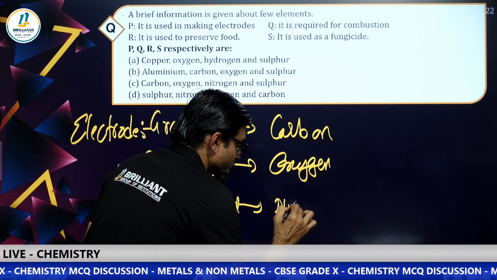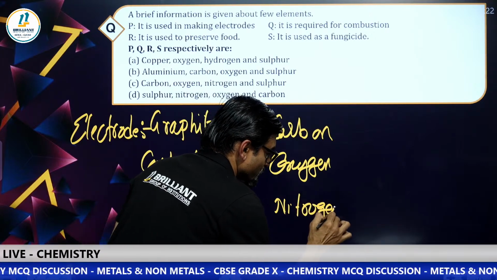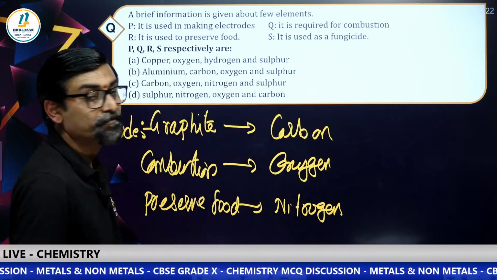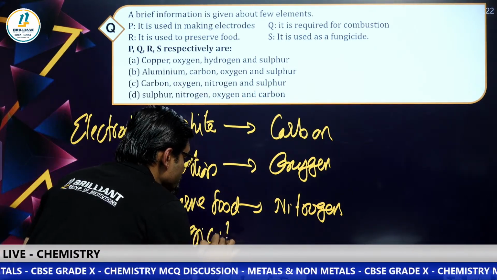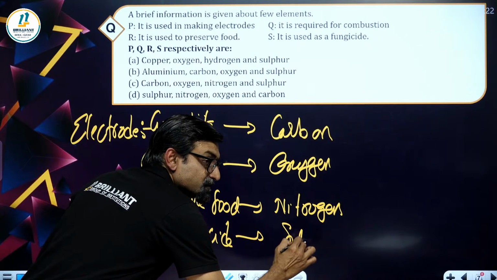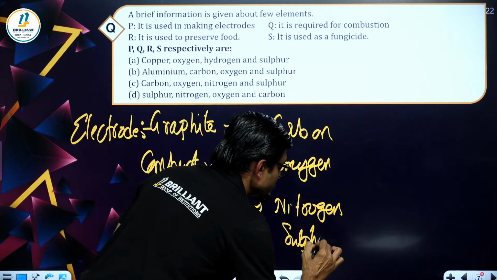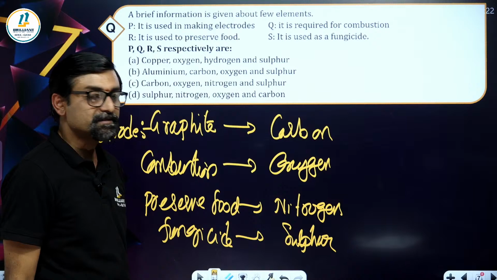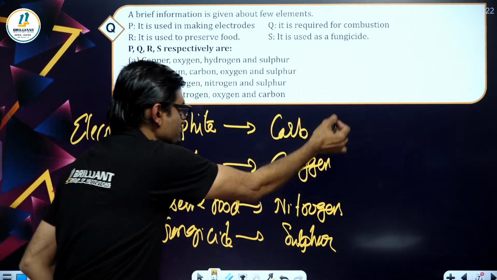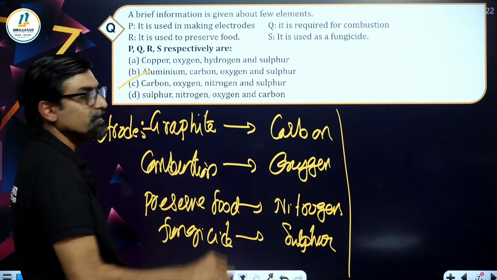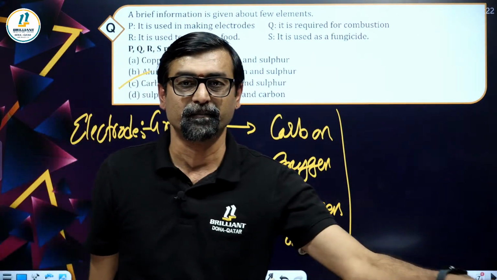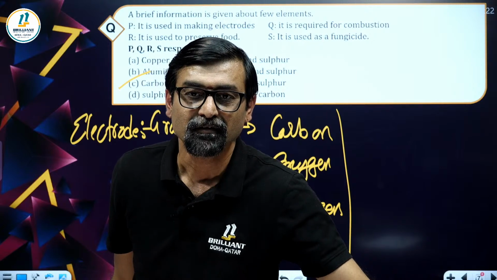This is nitrogen. And the fourth one, used as fungicide. Which is the one which is a fungicide? Yes, sulfur. So which is the combination which gives all the four? Carbon, oxygen, nitrogen and sulfur. It is option 4. Clear, all of you?